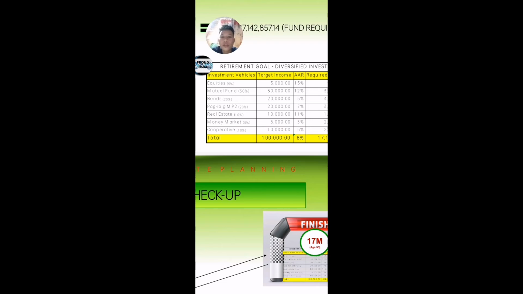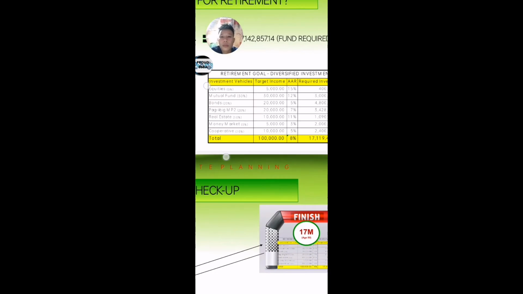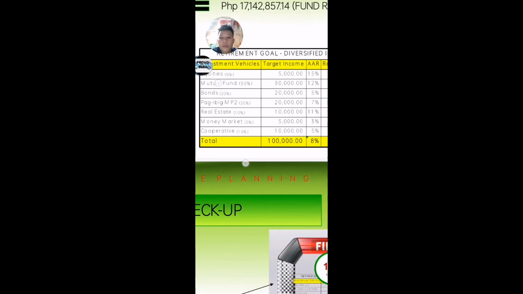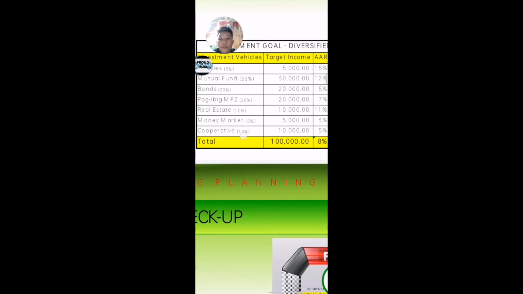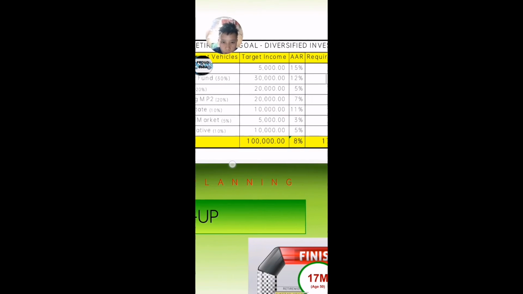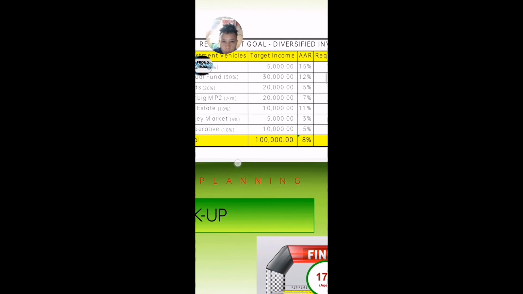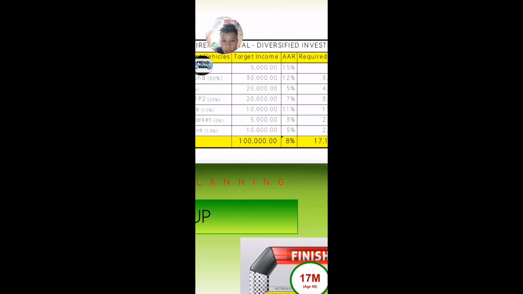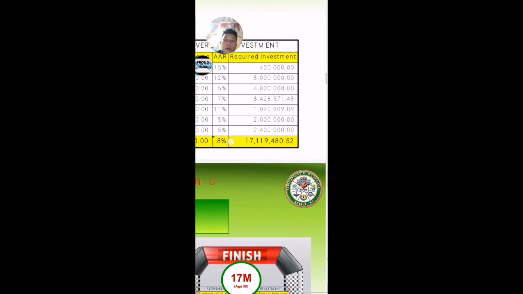It is solved the same way for the cooperative. Whatever percent the investment vehicle has, divide it into 100,000. Then take the target income, divide it by 5% or 3%, whichever is the AER, then times 12 to get the required investment.